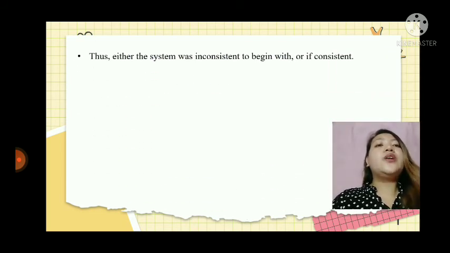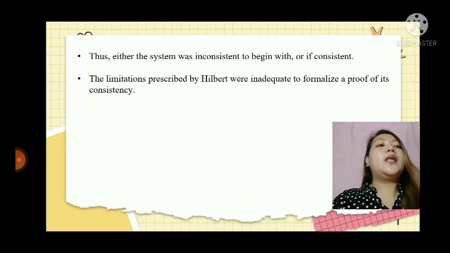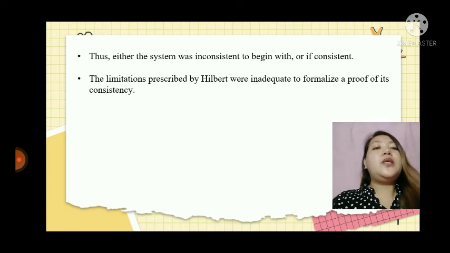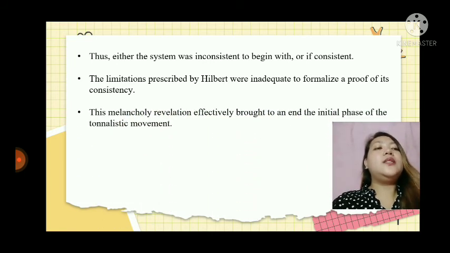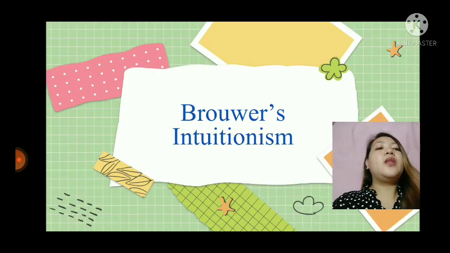Thus, either the system was inconsistent to begin with or it was consistent, but the limitations prescribed by Hilbert were inadequate to formalize a proof of its consistency. This melancholy revelation effectively brought to an end the initial phase of the formalistic movement. Next, Brouwer's intuitionism.